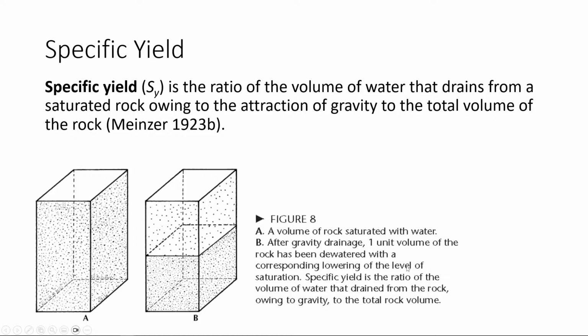So let me read it again: specific yield is the ratio of the volume of water that drains from a saturated rock owing to attraction of gravity to the total volume of the rock. Here is the total volume of the rock, which has pore space filled with water, and the ratio is of the volume that drains from the saturated rock owing to attraction by gravity.